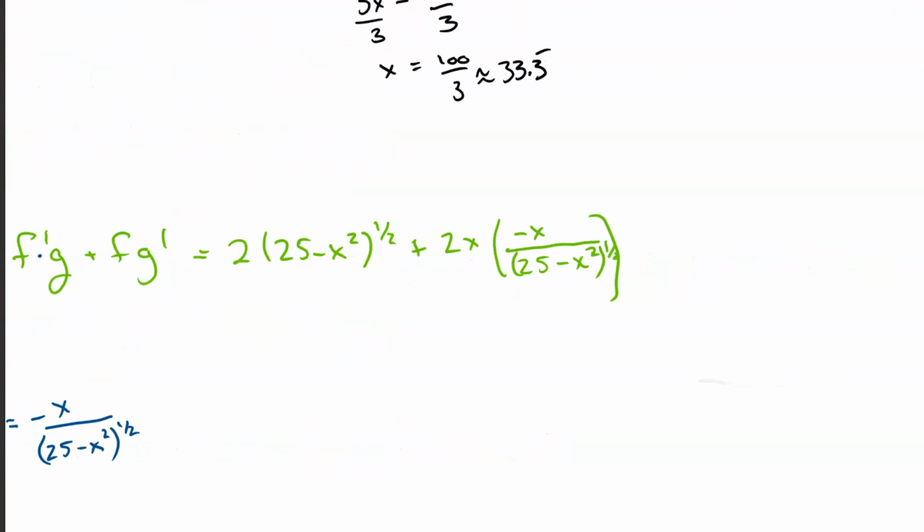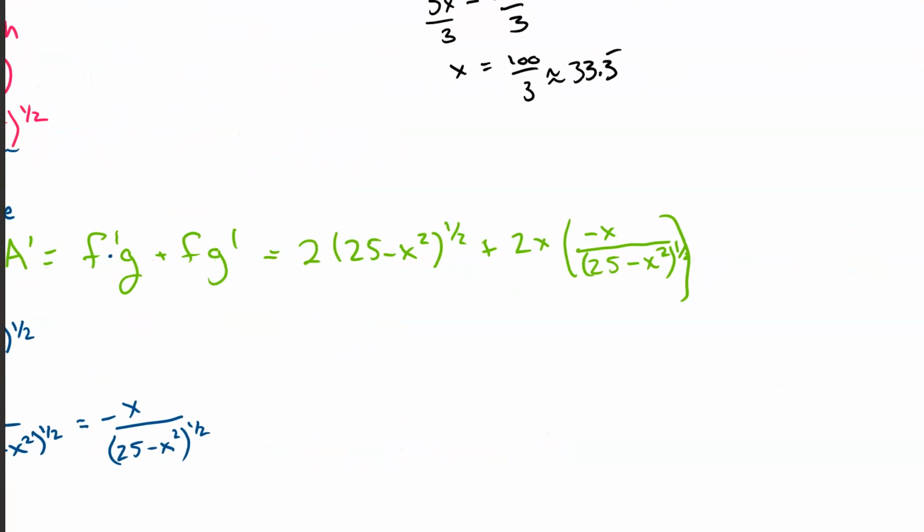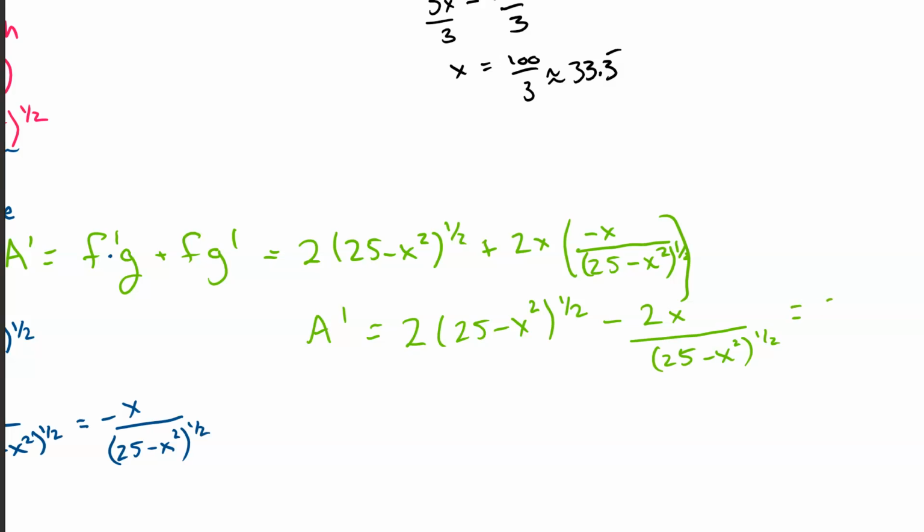Still talking about our derivative of area, I've got 2 times 25 minus x squared to the 1/2. That part stays the same. And then we've got minus 2x over 25 minus x squared to the 1/2 equals 0.